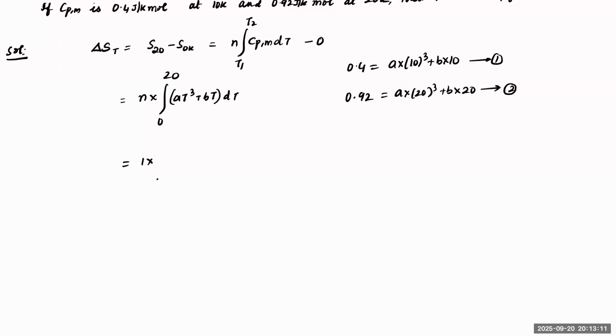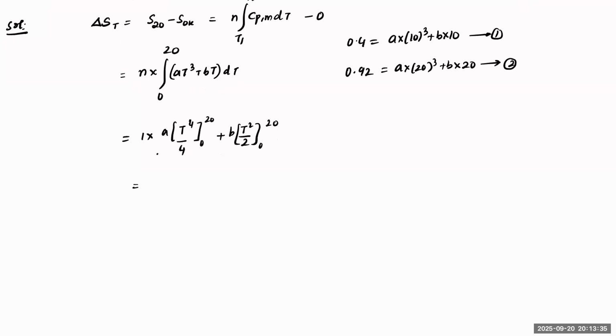So this is A times T raised to power 4 by 4 from 0 to 20, plus B times T square by 2, 0 to 20.